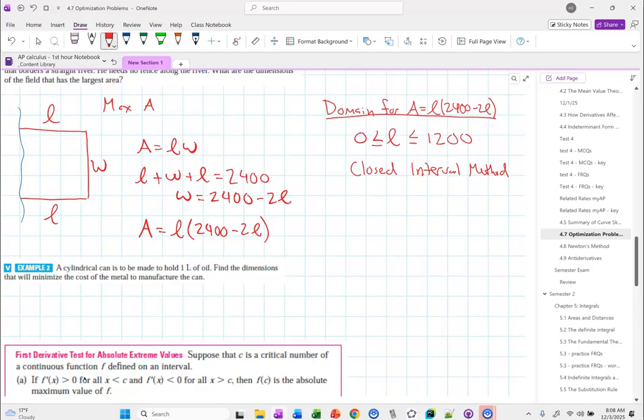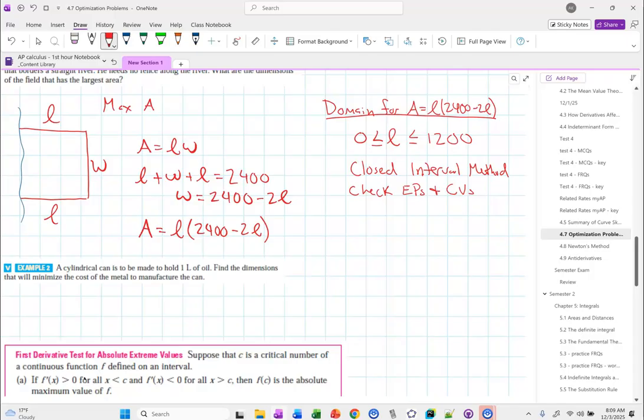For the closed interval method, I need to check the value of A at the endpoints of the interval and also the critical values.